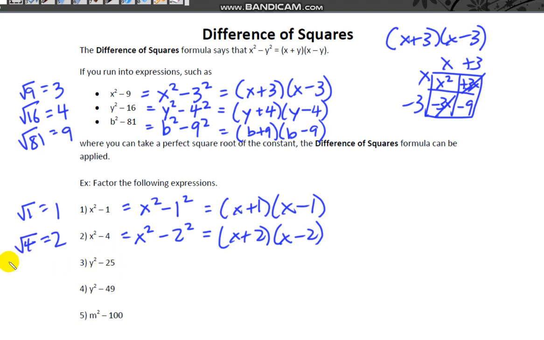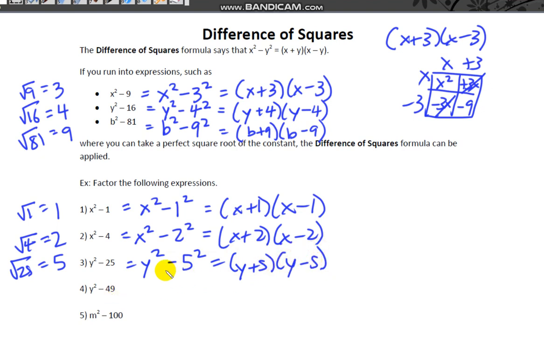This one, square root of 25 is 5. So this is y squared minus 5 squared. So this is y plus 5 times y minus 5. This one, look at the constant in front. Square root of 49 is 7. This is y squared minus 7 squared.